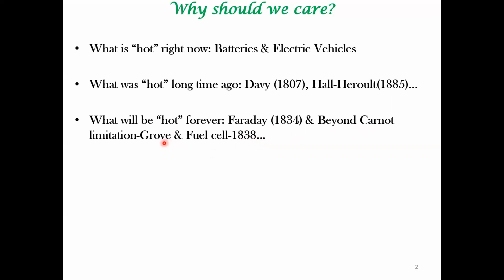The first fuel cell was demonstrated by the scientist group in 1838. So despite this demonstration, fuel cells are not so prevalent as a battery. We will see why. What are the technological challenges that has been limiting the widespread utilization of fuel cell. That's one of the aspects we will look into in this course.